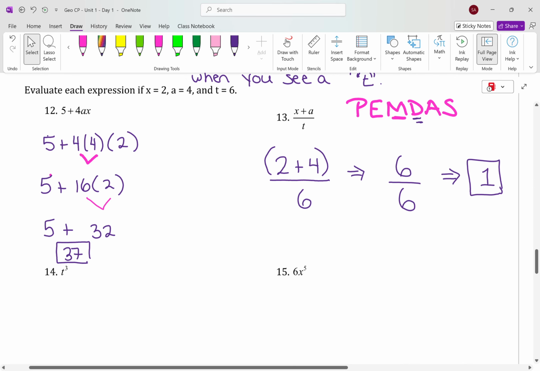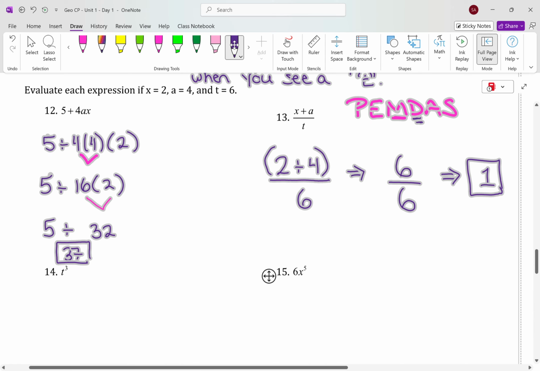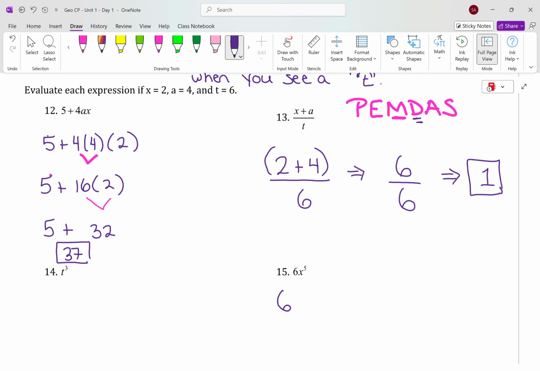All right, let's do number 15, skipping number 14. So number 15, I have 6, and then I have x. Well, x is 2, and then the power of 5. Do you guys see how that power of 5 is only on the x? It's not on the 6. So 6 is not being raised to the 5th power.